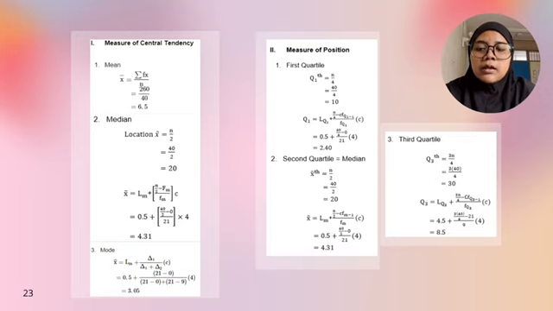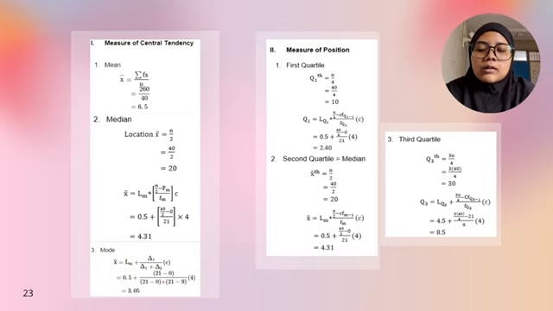Next, for the median, the location of the median is at n per 2, which is 40 per 2 equals 20. Using the median formula for grouped data, the calculated median value is 4.31.